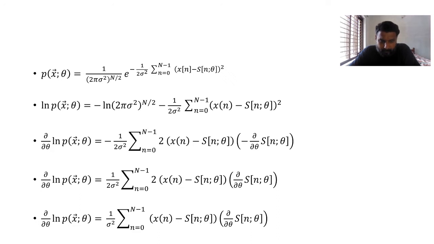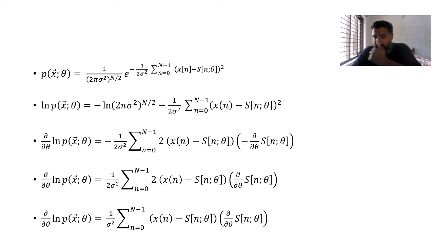Derivative with respect to multiplication, that is d by d theta of AB must be equal to A into d by d theta of B plus B into d by d theta of A. I think you know that one, taking the derivative of a product.